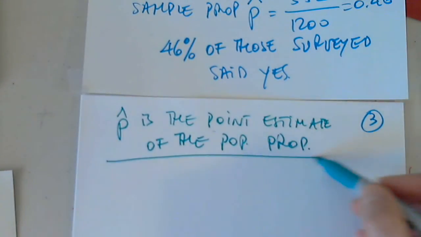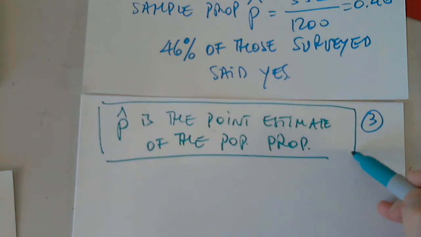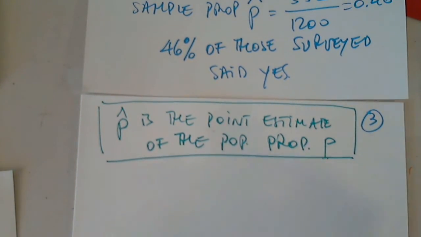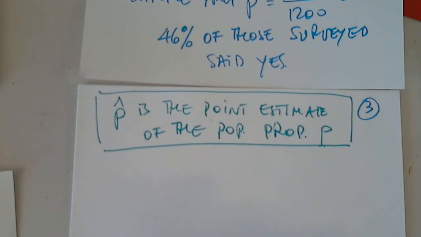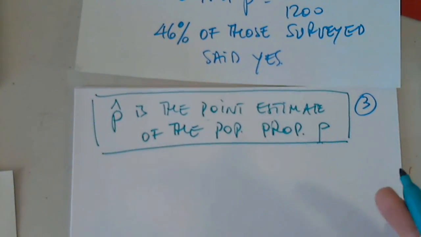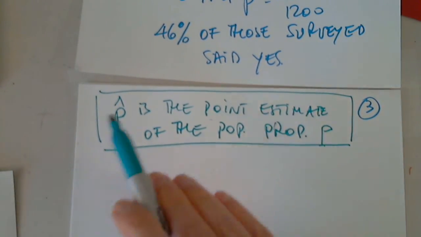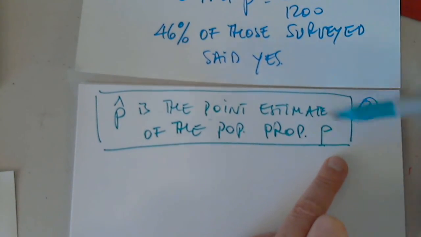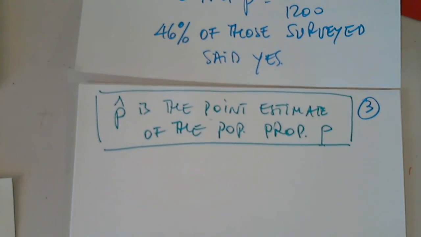Of the population proportion, which is P. So p hat is a point estimate of P. We cannot get P. We cannot survey everyone. It's too costly. We don't have the time. So we selected a random sample, a simple random sample. We computed the sample proportion, and we said it's likely that about 46% of us will work over the summer while on vacation.